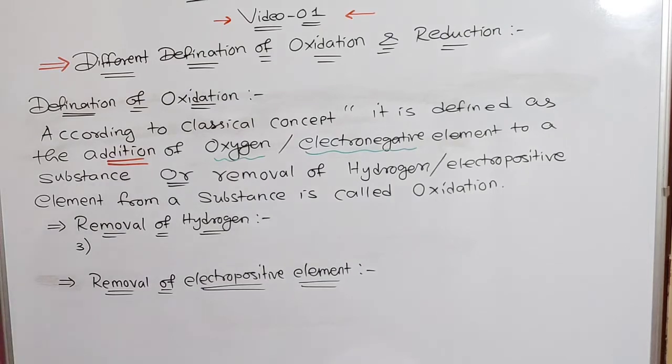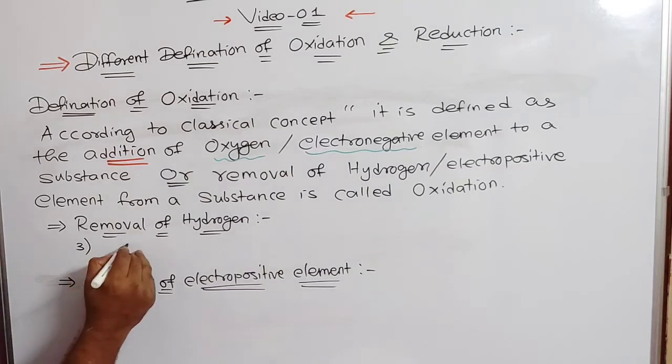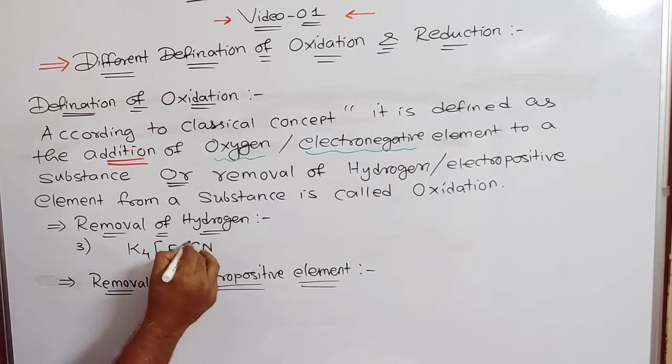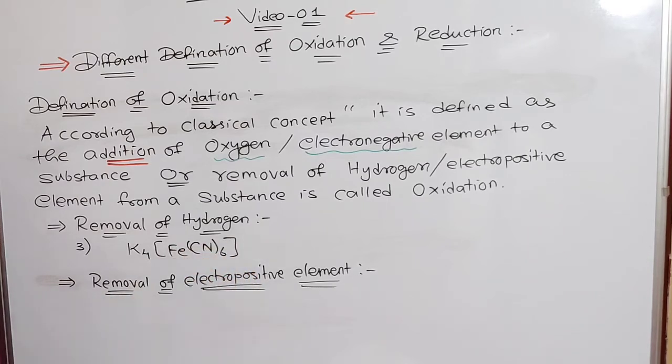Now in this case, if you see the example, removal of hydrogen we will see first. For this one complex is there. If you have heard about K4FeCN6, potassium ferrocyanide, this is a complex.